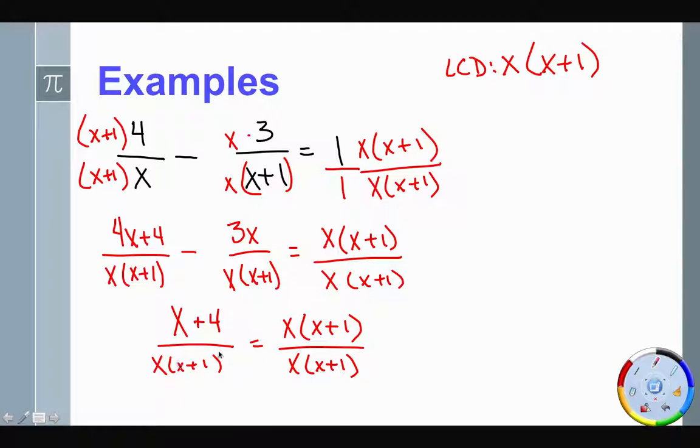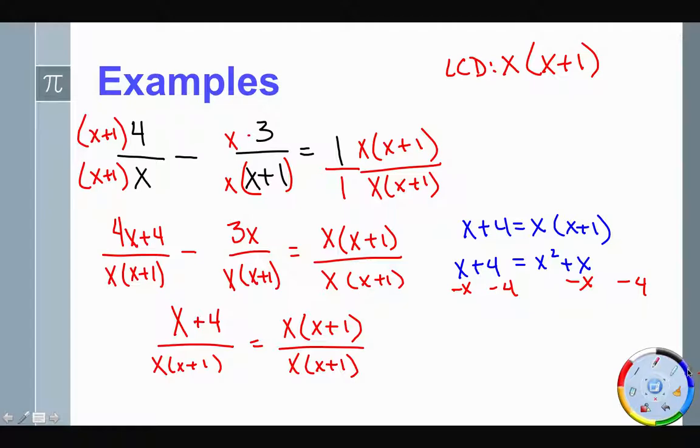All right, since we have common denominators, I can now set the numerators equal to each other. So I get x plus 4 equals x times x plus 1. I need to distribute, so I get x squared plus x equals x plus 4. We're going to minus x, minus 4, minus 4.